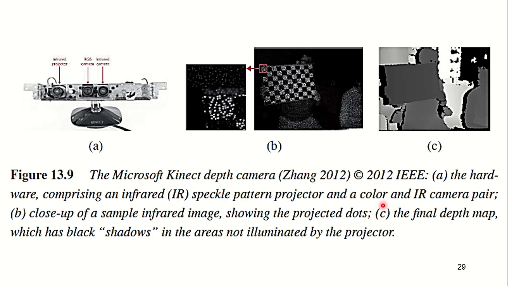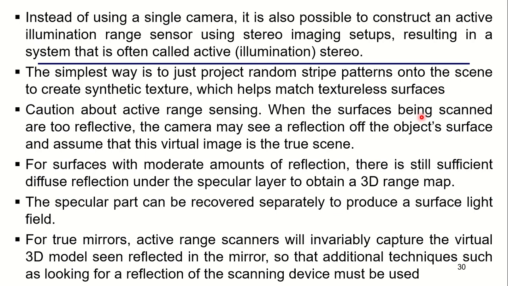It has a color and IR camera pair, which is present behind here beside the infrared projector. A close-up of a sample infrared image is shown in B, and C is the final depth map, which has black shadows in the areas which are not illuminated by the projector.